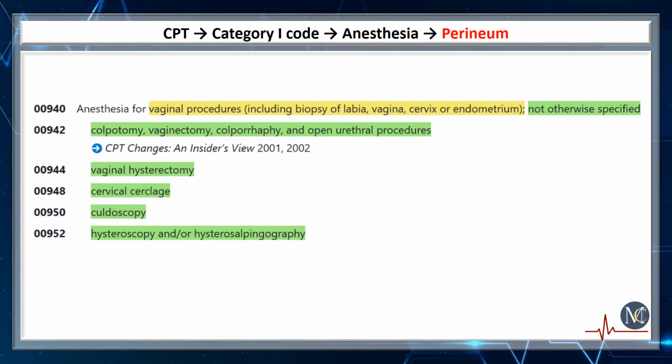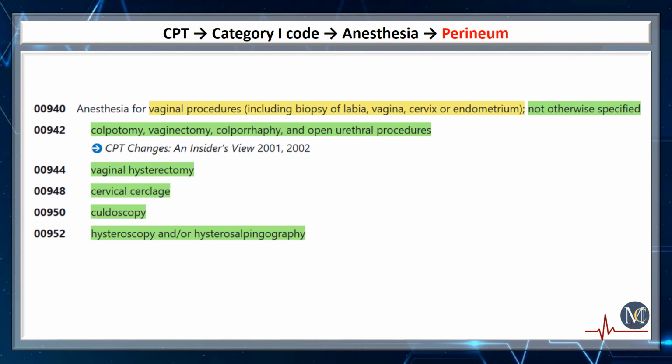Next code is 00944. Vaginal hysterectomy. It means the anesthesia service is provided for a patient undergoing removal of the uterus through the vaginal approach. Next code is 00948.